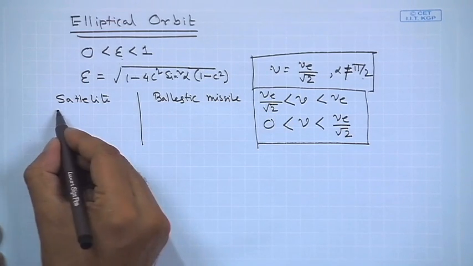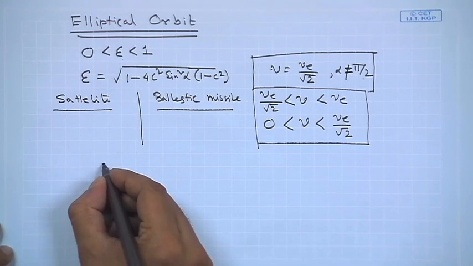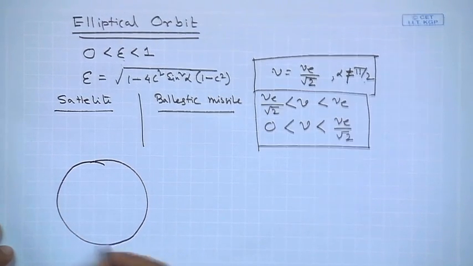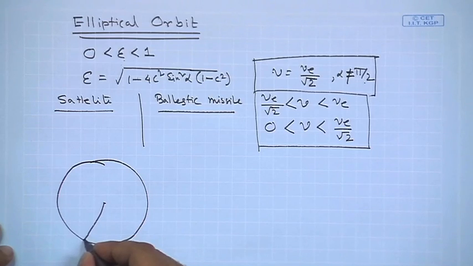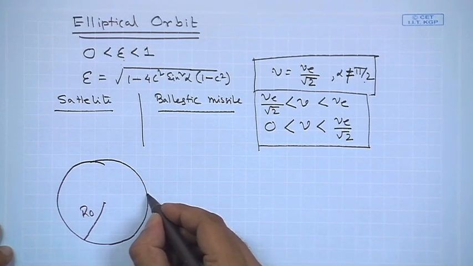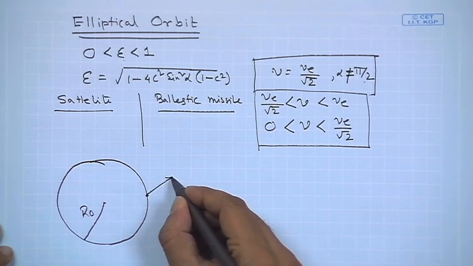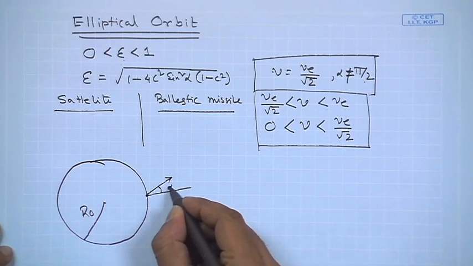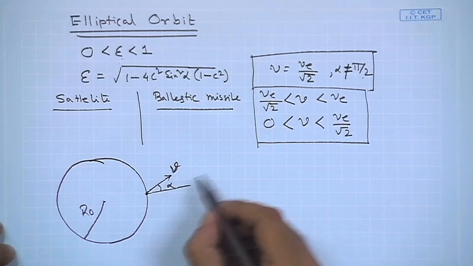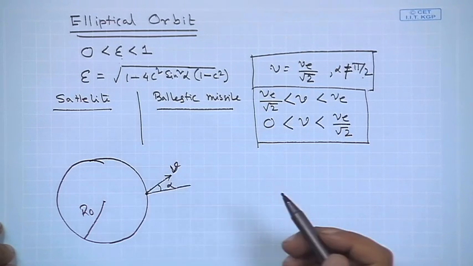How to distinguish between these two? Let us say this is my Earth surface. The radius is given by r0, and I am launching an object from this particular point with some velocity v and angle alpha, right. And let us say this velocity v is less than v_e, so we will get an elliptical orbit.